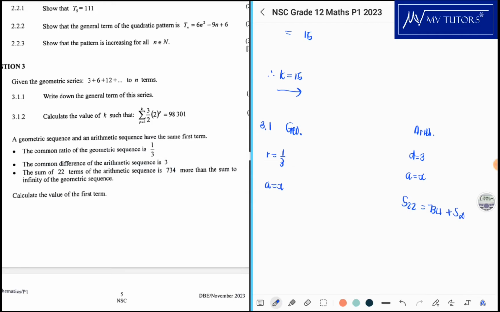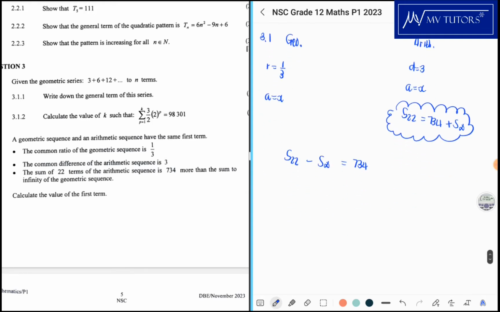Now they want to know the value of the first term. Okay, so this is actually what I'll be working with. Okay, this is my equation. Okay, so if I simplify it again, the sum of 22 terms minus the sum to infinity, I actually get 734. Okay, now what do we do then?